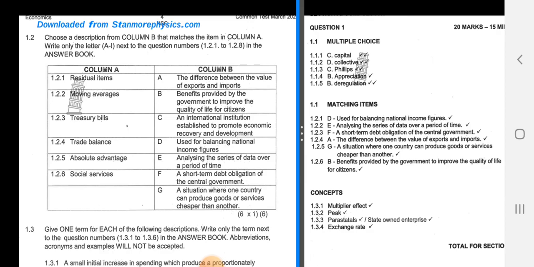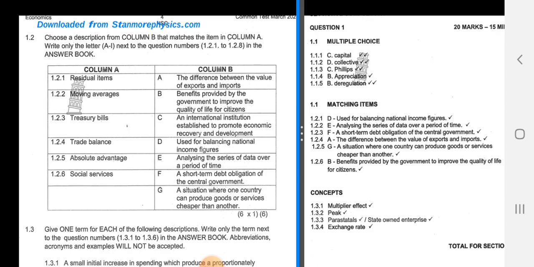Okay, so we're going to start with residual items. So you have to go through all those and know what is residual items. So it goes with D, residual items used for balancing national income figures. Okay, and then 1.2.2 moving averages is analyzing the series of data over a period of time. And then treasury bills is a short-term debt obligation of the central government.